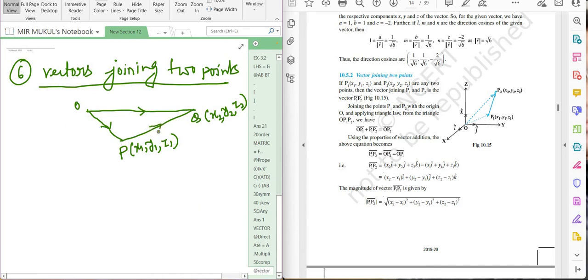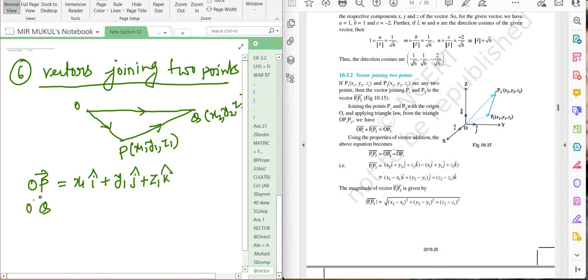Now if you want to find PQ, then we know that OP can be written as x1i plus y1j plus z1k, and OQ can be written as x2i plus y2j plus z2k.